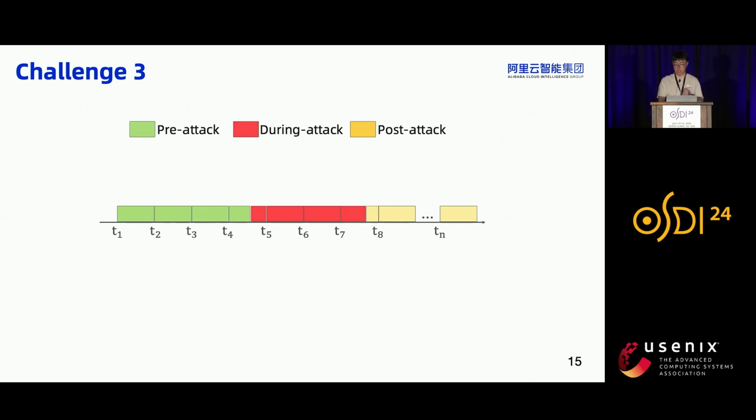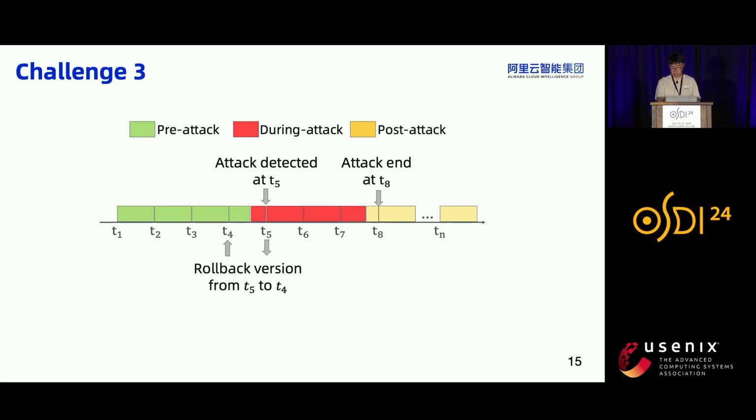Even with accurate and fast detection, choosing which point in time to roll back to can be tricky. This is because the detection will need to be triggered after several IOs. If we simply choose the start of the detection to roll back, this can cause potential data loss.